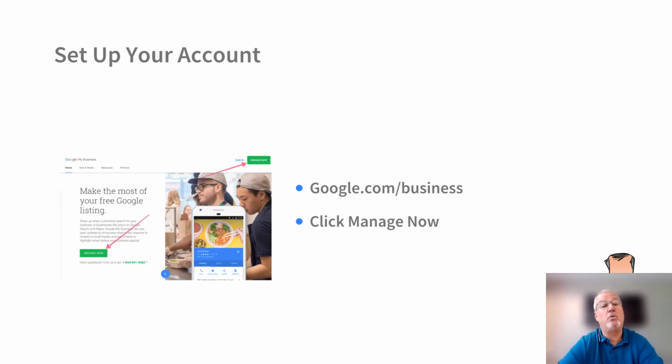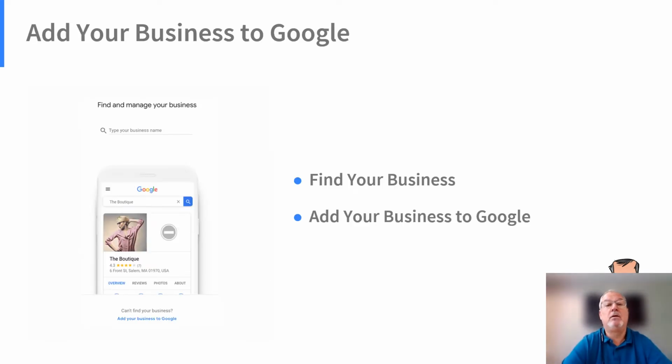So to set up a Google My Business listing, go to google.com/business and click Manage Now. Next, it's time to add your business to your profile. You can use the search function to see if Google already has a record of your business, or just click that blue button at the bottom to add your business to Google.